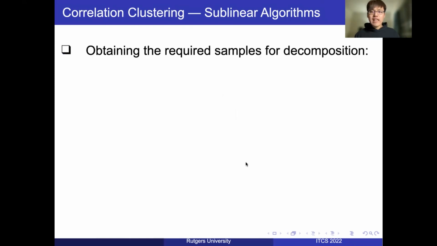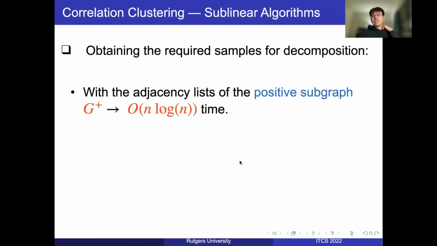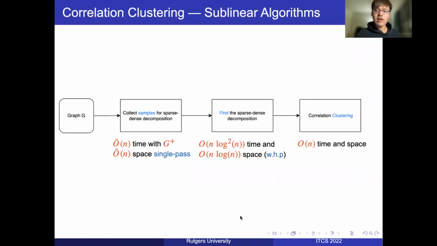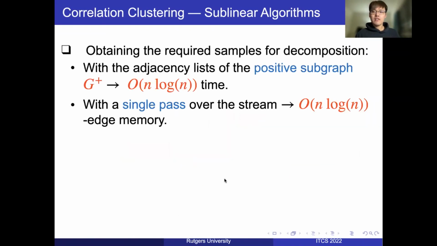And now the only thing left is to obtain the required samples for this decomposition. We show that given the adjacency list for the positive subgraph, this can be done in order of n log n time. And with a single pass over the stream, this can be done with order of n log n edge memory, so we can write O tilde of n here. Then we can sum up these results as the flowchart has shown us.